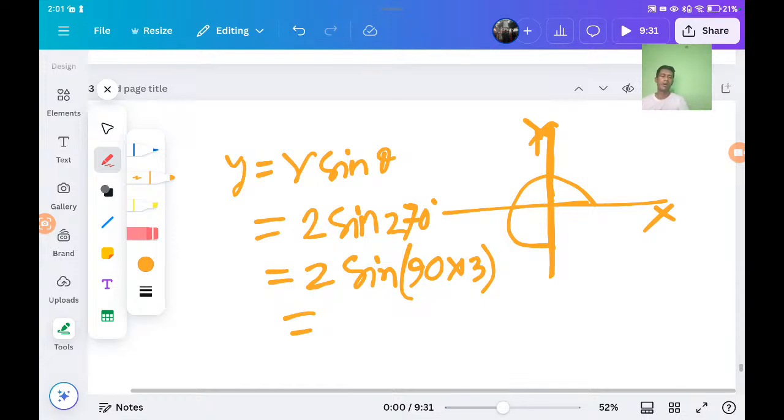Since this is coming to this point, the sine function will be negative, so minus 1. 2 into minus 1, and finally we are getting minus 2.